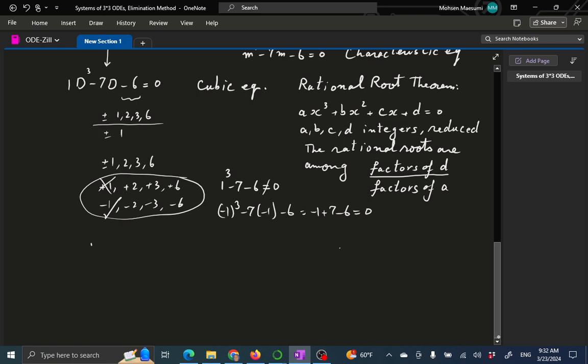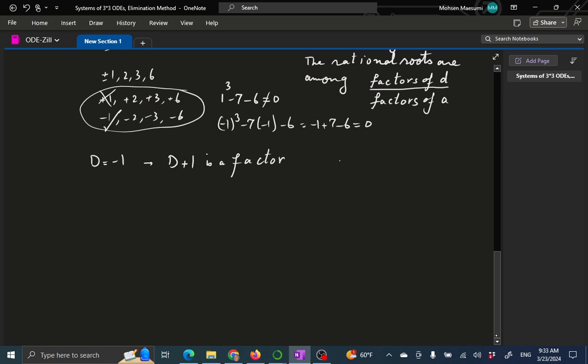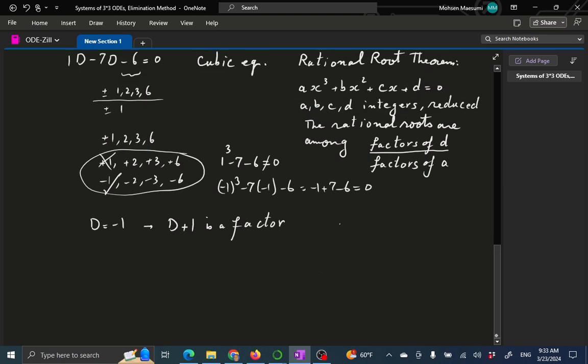If d equal to minus 1 is a root, that means d plus 1 is a factor. So you do a long division or a short division. D cubed minus 7d minus 6, you take it and divide it by d plus 1. This is easy. D cubed divided by d gives us d squared.